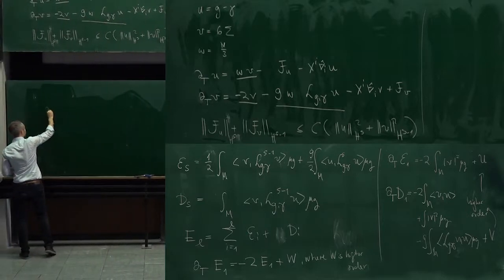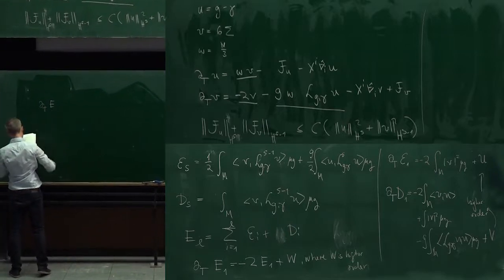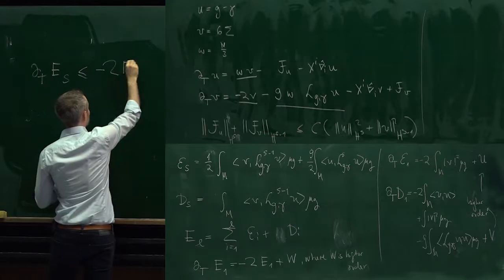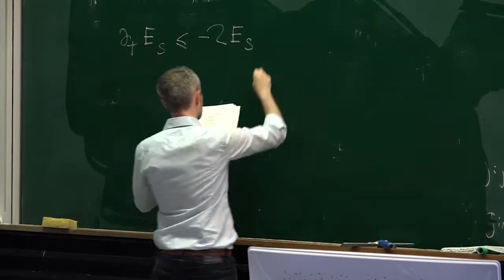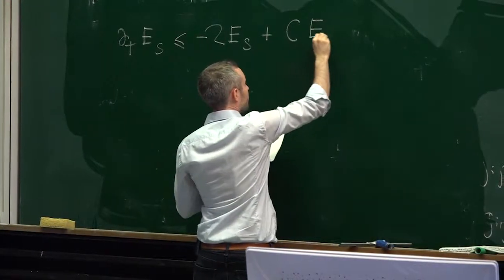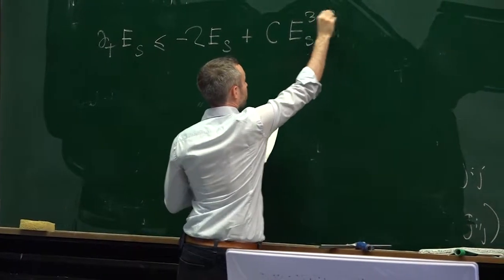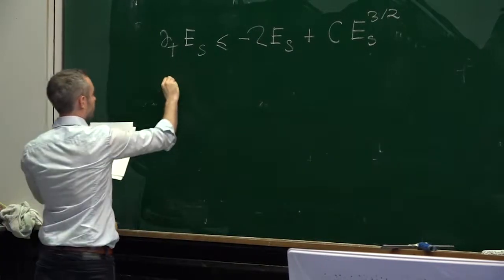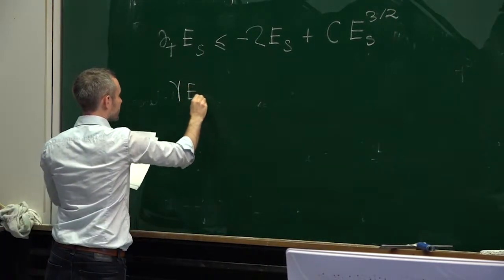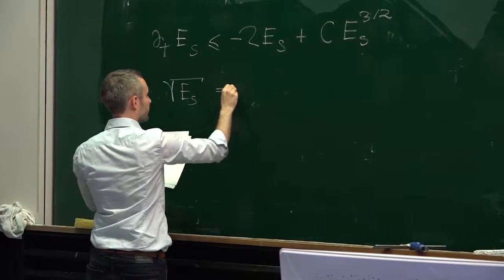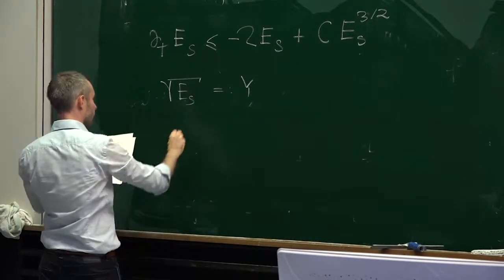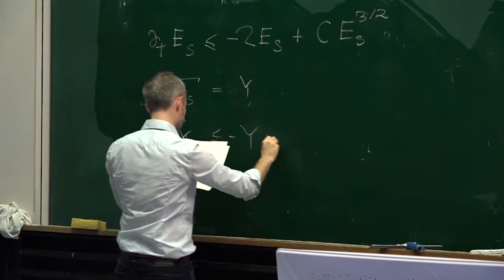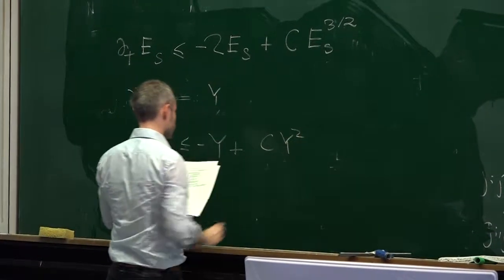So in general, I'm getting dt of Es is smaller or equal minus 2 Es plus c times Es to the 3/2. So if I define y as the square root of Es, then I'm getting an inequality y dot smaller or equal to minus y plus c y square.